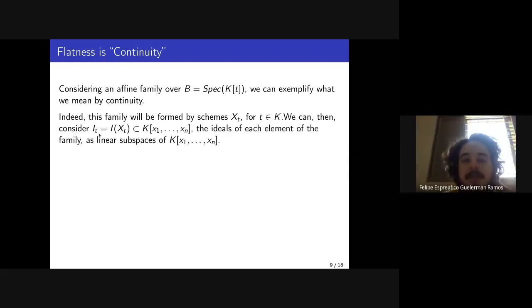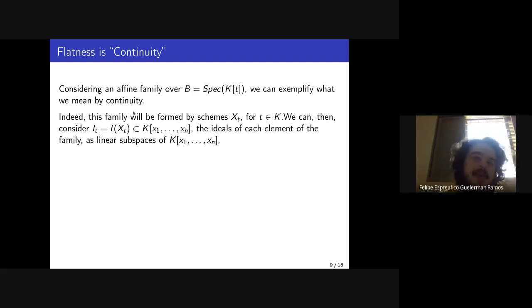And then we can consider the ideals of each scheme. Before I proceed, I just want to warn you that I'm considering affine families here to make the examples simpler.